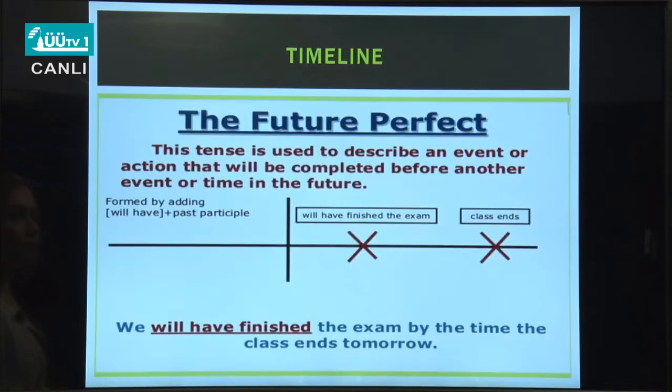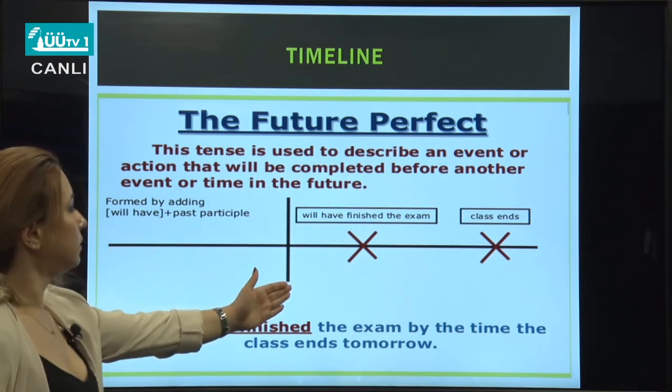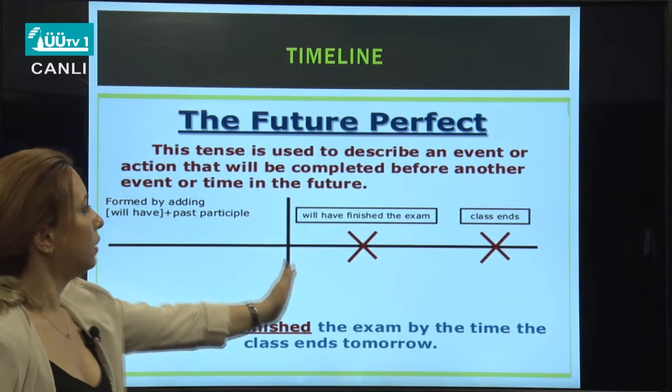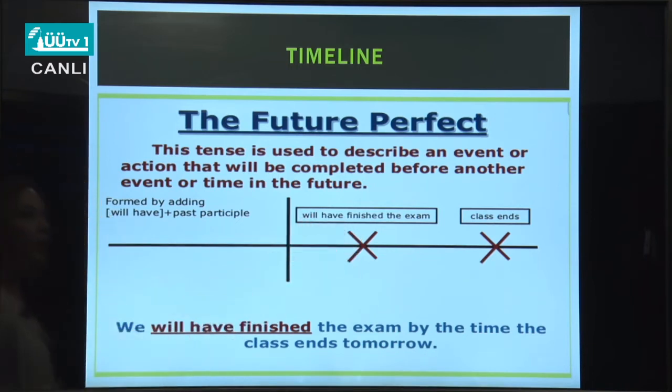Let's move on. And this is the timeline. Most of the time, if you just follow the tenses with their timelines, you will understand that it is very easy for you to learn the tenses, especially about past, now and future. As you see, if we consider this as now, this is for future.